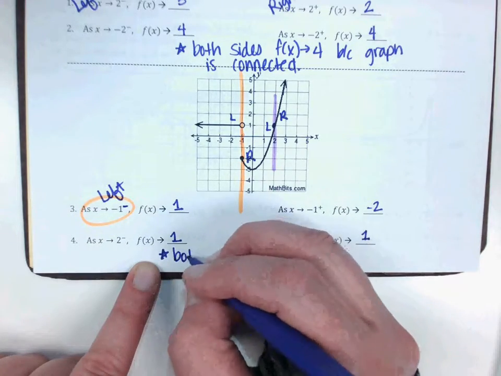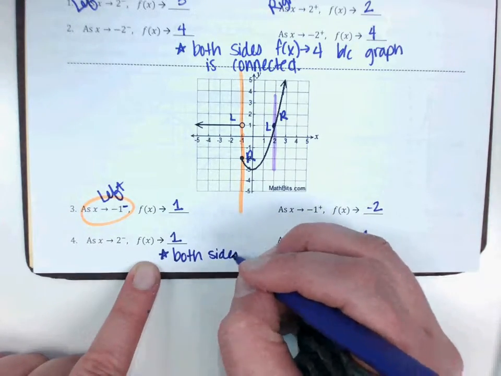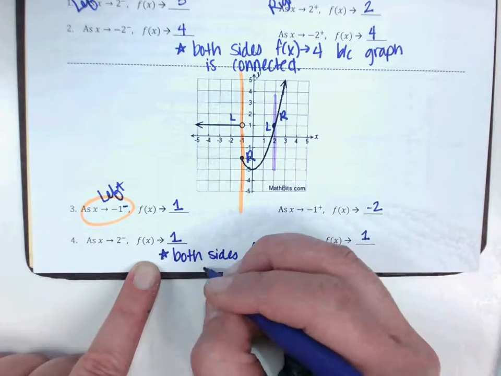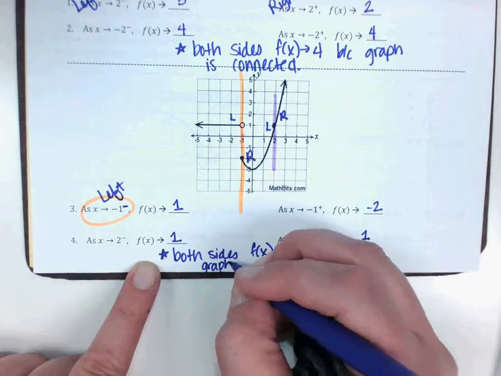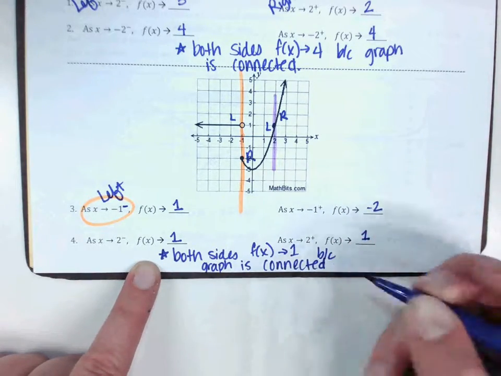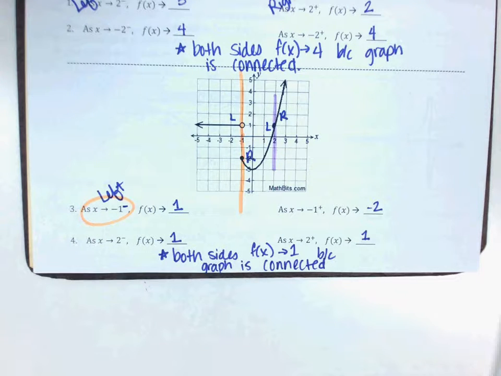Okay, both sides, f of x approaches 1 because the graph is connected. And remember, anytime your graph is connected, you're not going to have different numbers on each side. Make sense? Okay, turn the page when you're ready.